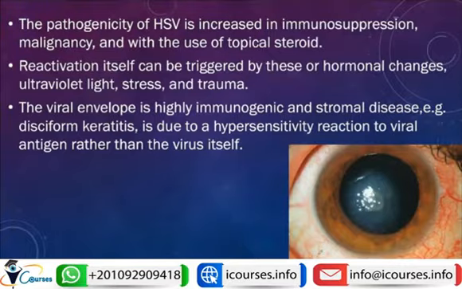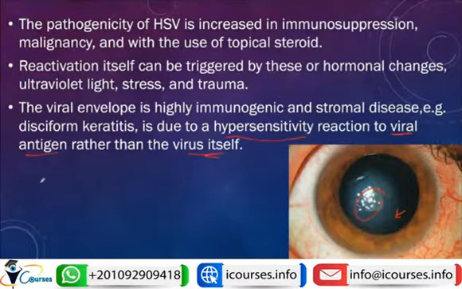So the disciform keratitis is characterized by presence of stromal edema overlying by epithelial edema, with keratic precipitates, rise of the intraocular pressure, and what's called Wessely ring. Different characteristic features. It's just a hypersensitivity due to viral antigen rather than invasion of the virus itself, because the viral envelope itself is highly immunogenic, leading to this stromal keratitis.